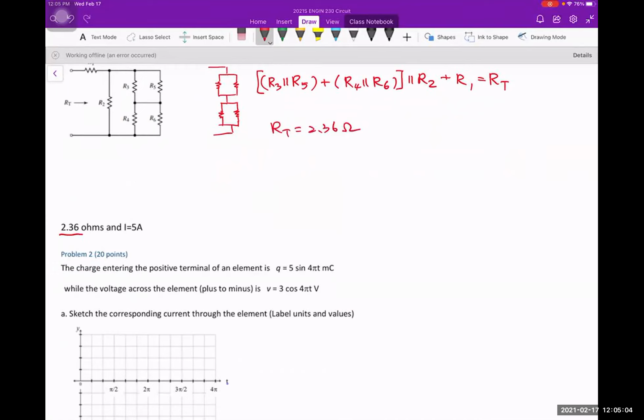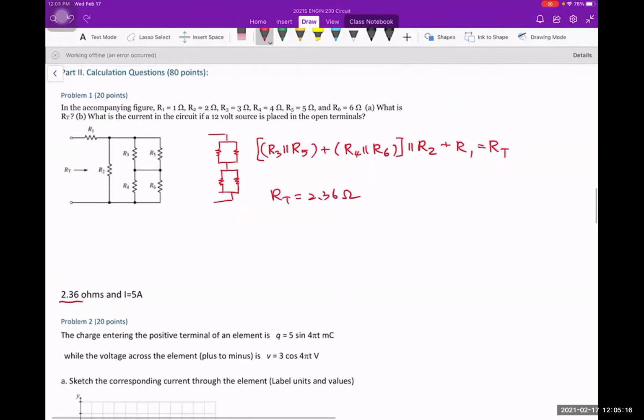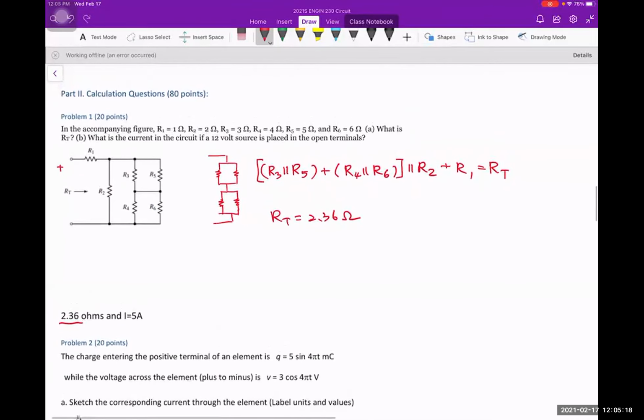And the question also asks, we want to find a current if the voltage is 12 volt. Which means, if I put this V, which is 12 volt, can you find out what is the current that will go into my circuit? That's very simple.